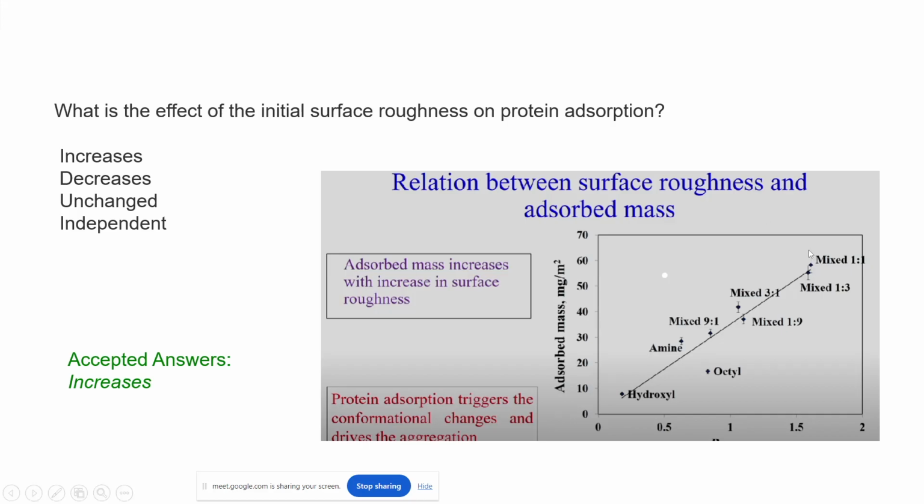This graph also shows the experimental results, where in one of the experiments it was observed that the more the surface roughness, the more adsorbed mass there was. And if you see it like this, a smoother surface gives less chance for the proteins to interact with the material than a slightly rougher surface. So more surface roughness will increase the protein adsorption.